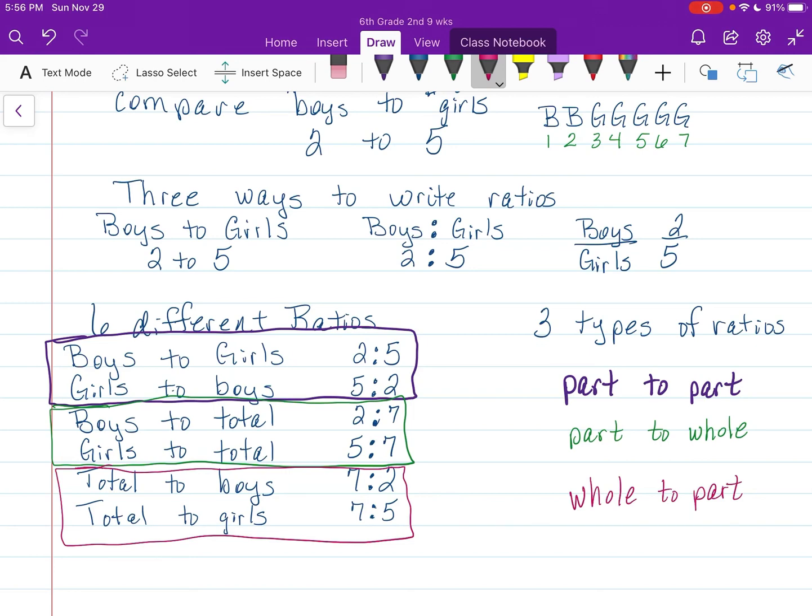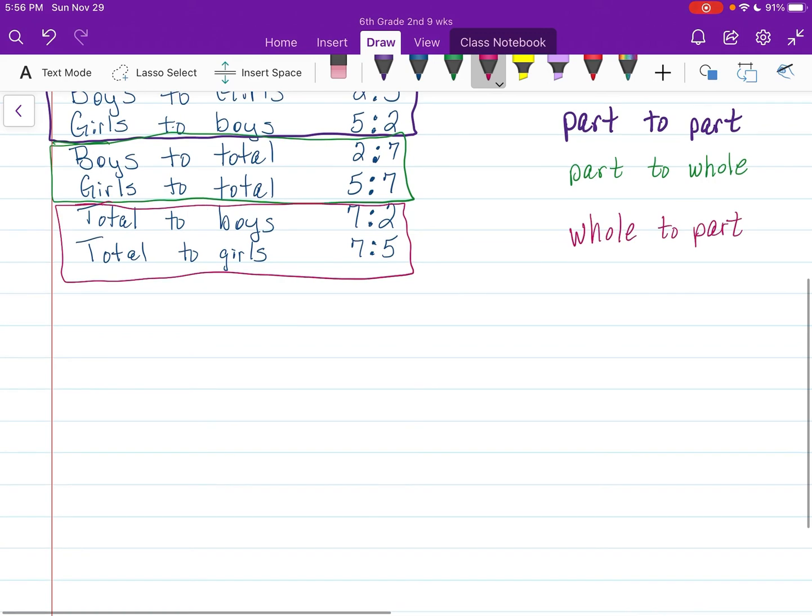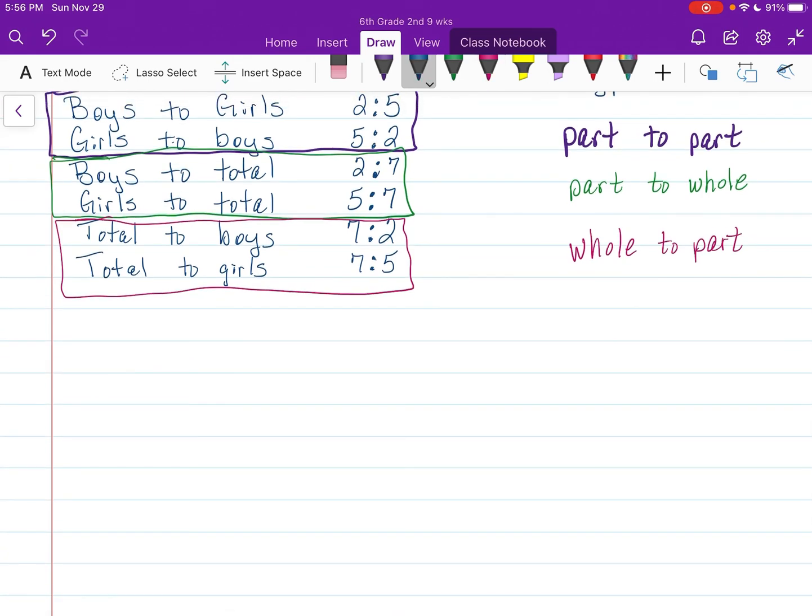All right, let's practice with one more. Let's say that there's 10 desserts on the table. Let's say that 7 of them are pies. Yum.